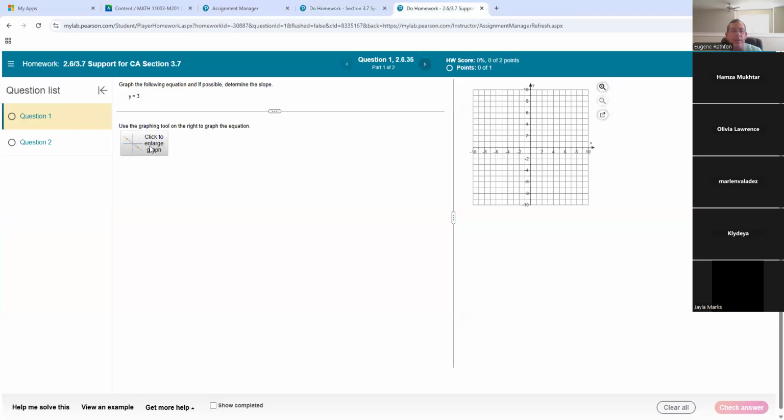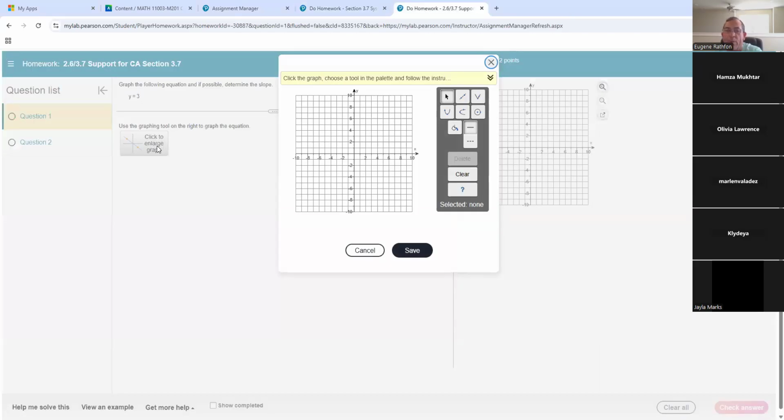Y equals 3. Click the enlarge graph. Remember, y equals 3 was a horizontal line crossing 3. So on this y equals 3, I would click the line tool, go to 0, 3 on the y-axis, and then right or left. It doesn't matter what point you pick second.